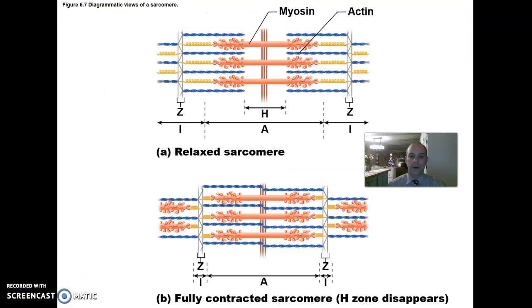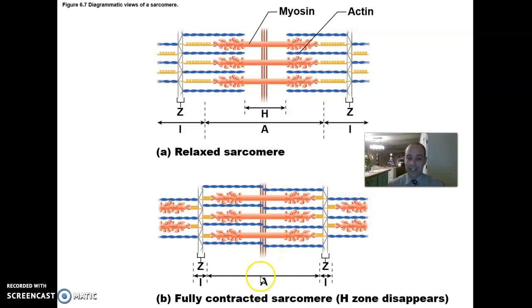Here is a close-up of a sarcomere, and you'll see that when it is relaxed and they're more extended, you can see the H zone that is in here. So if I showed you a picture of two of these, and we went over this earlier on in the muscle unit, you should be able to tell me whether it's a relaxed sarcomere or a fully contracted sarcomere, because the H zone is only present in a relaxed sarcomere.